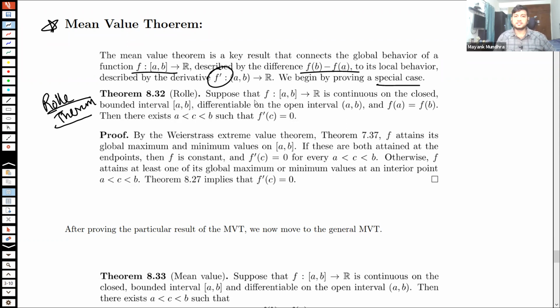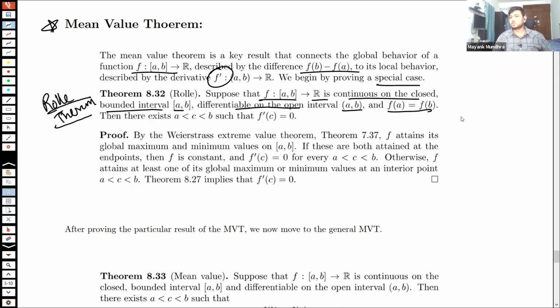Rolle's theorem says that suppose there's a function defined on a to b to R, continuous on the bounded interval a to b, differentiable on the open interval a to b, and f of a is equal to f of b.